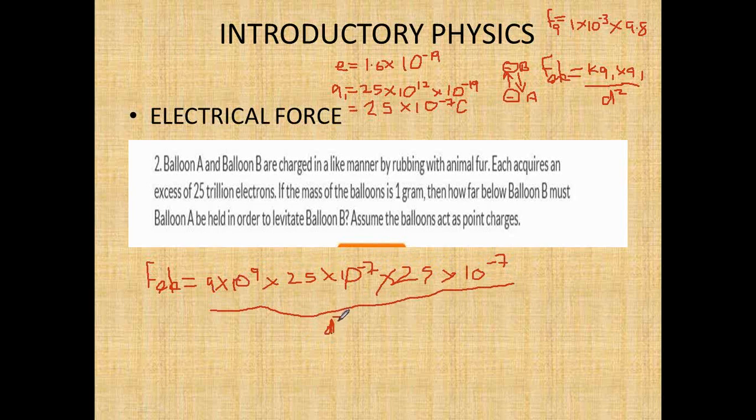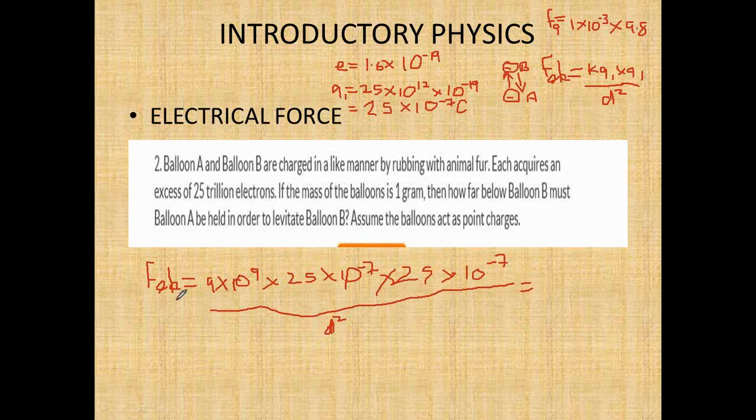Distance squared. So when you simplify this, you multiply just the numbers. Okay, so you can multiply 25 by 25 by 9.